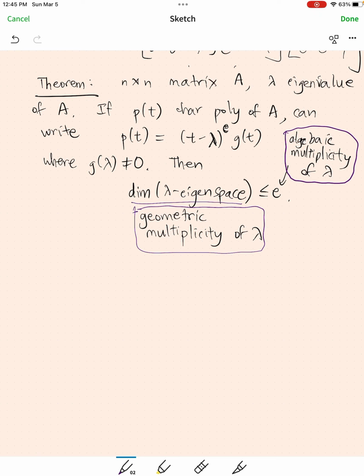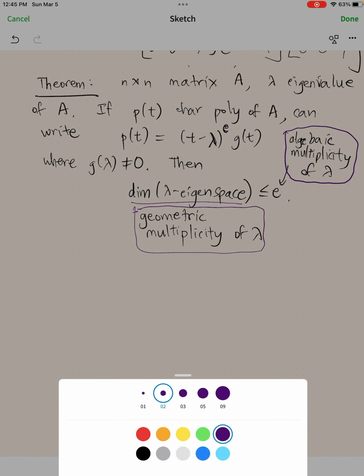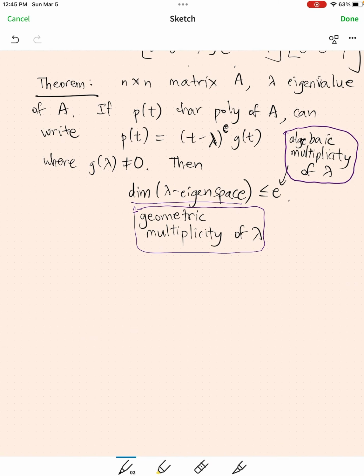And by the way, what can we always say about the dimension of the eigenspace? Can the dimension of the lambda eigenspace be 0? No, because an eigenspace, by definition, has to have a non-zero vector, right? Eigenvectors are, by definition, non-zero vectors. And so the dimension has to be greater than or equal to 1.